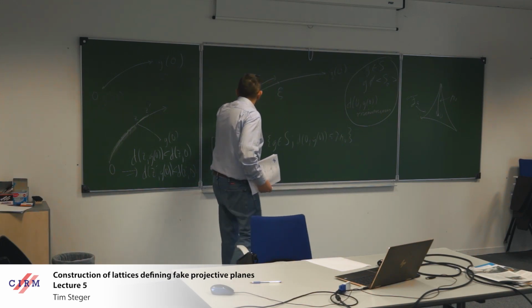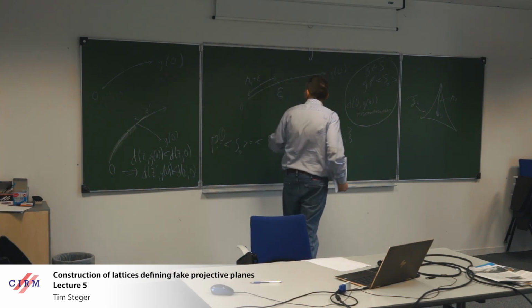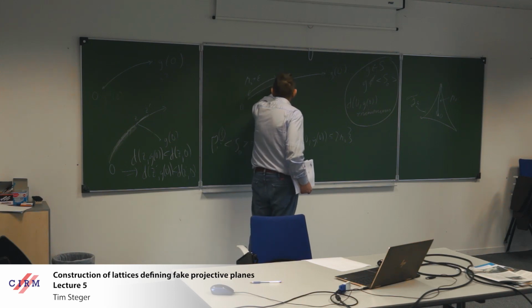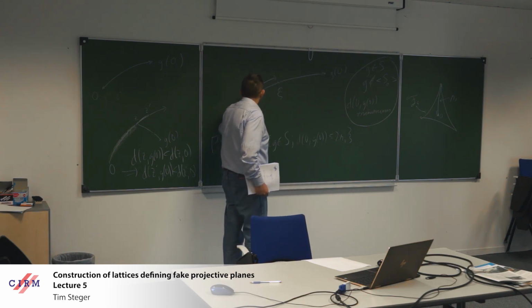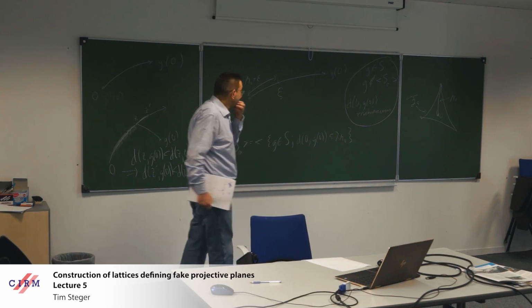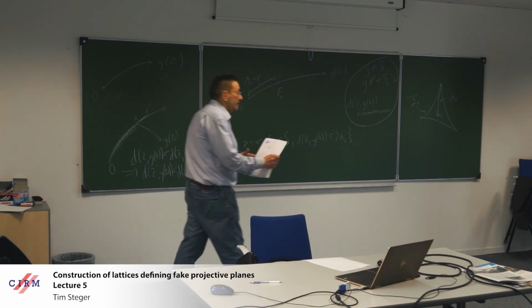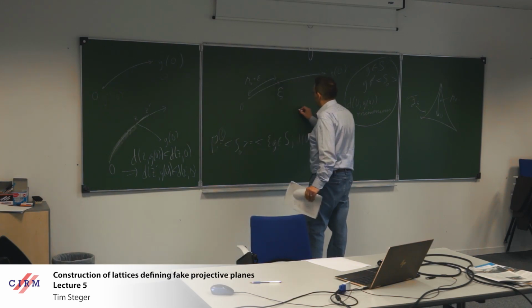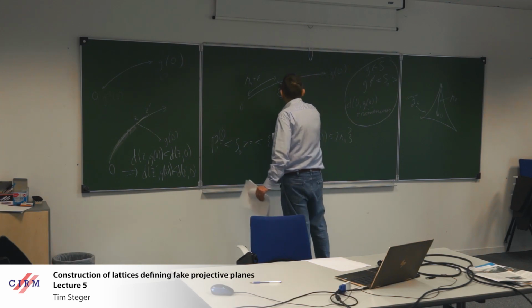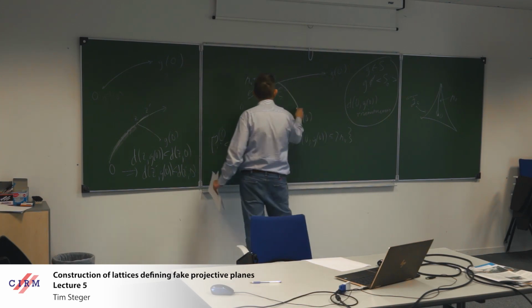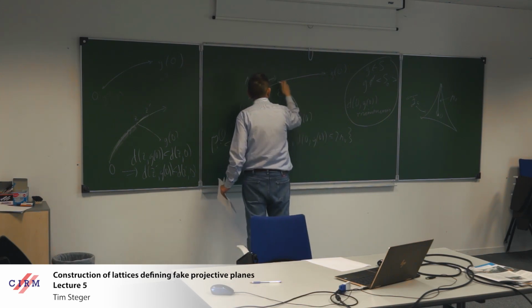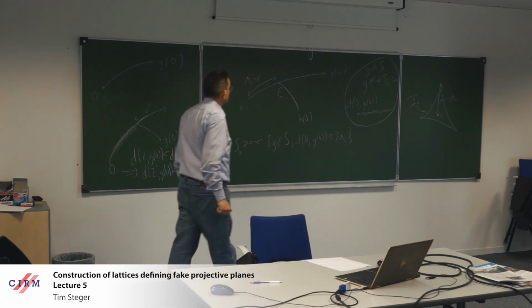So I look at the geodesic from O to g of O, and I choose this C, which is just a little bit beyond the radius of the fundamental domain, and therefore C is outside the fundamental domain, and therefore there is some element of S which is closer. So this element, h of 0, is closer to C than 0 is.